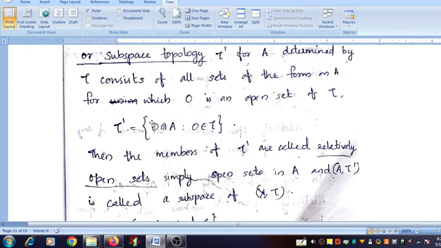After obtaining the intersection, clearly it is a subset of A, and that set is included in the new collection denoted by tau prime. So tau prime equals the collection of sets O intersection A, where O belongs to tau.